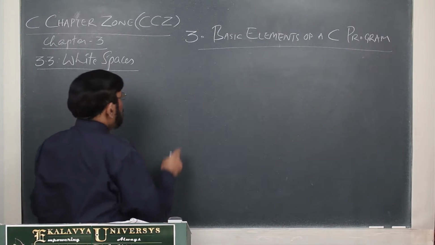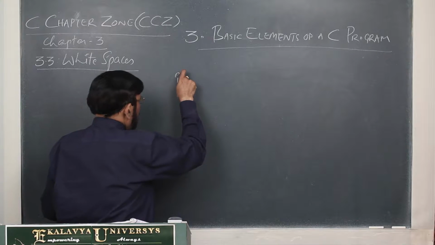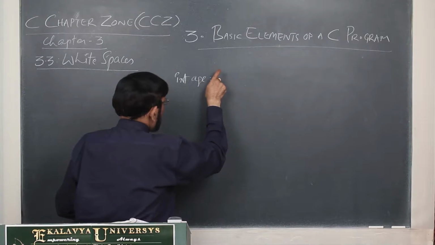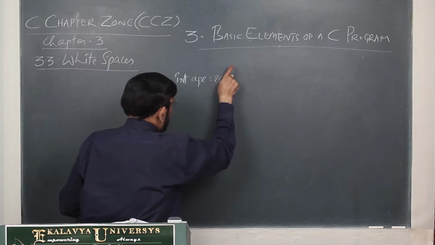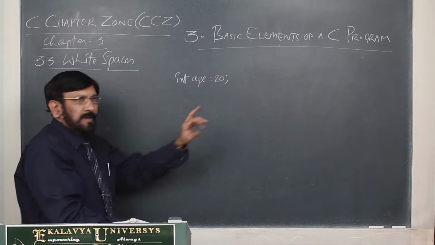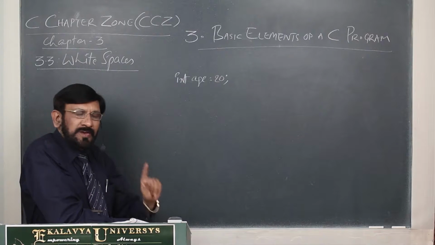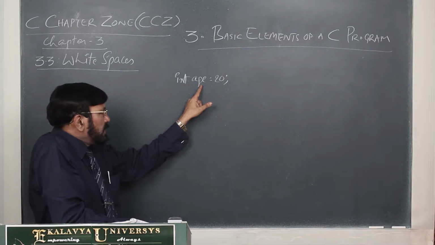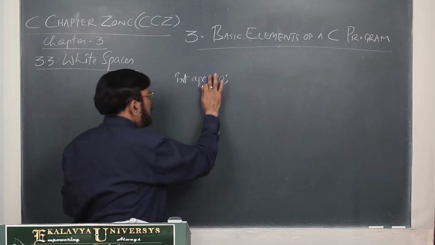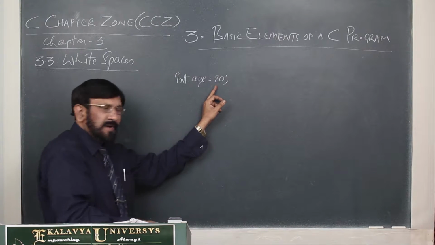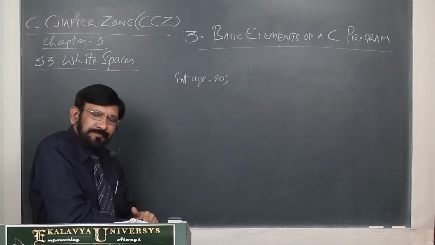Just for example, now you see int age = 20. This code we are writing. In this, 5 tokens are there. Int is a data type, age is a variable or identifier, this is an operator, this is an integer literal, this is a separator.